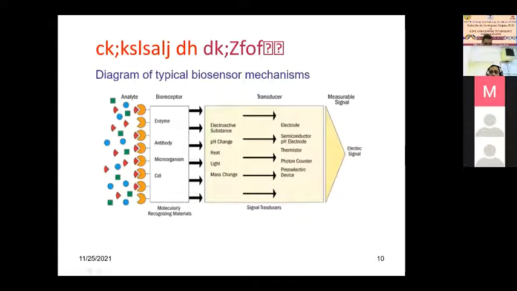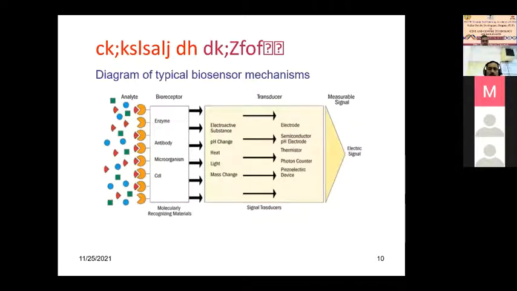That measurable signal, normally an electrical signal, can be amplified by the amplifier and put on display over the controlling software. So this is the typical diagram. Unless there is a transducer in it, we cannot call it a biosensor. The transducer is an important element, and we consider it part of our definition. That is why the lateral flow devices do not fulfill this part, particularly the transducer part.